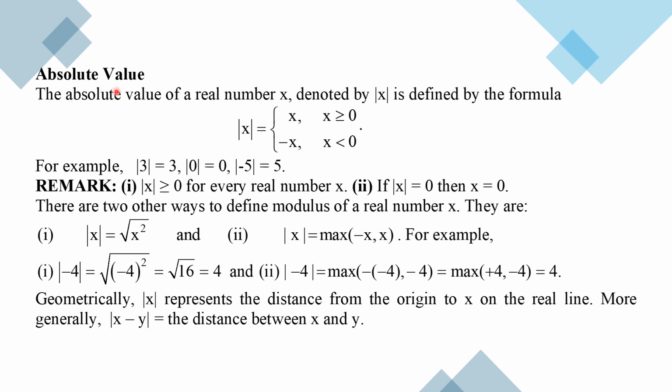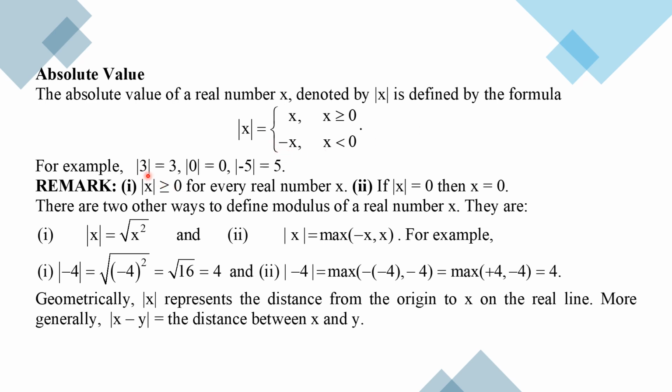Now absolute value. The absolute value of a real number x, denoted by mod x, is defined by this formula. Mod x is x if x is greater than or equal to 0. Mod x is equal to minus x whenever x is less than 0. That means if x is negative, then mod x is minus x.